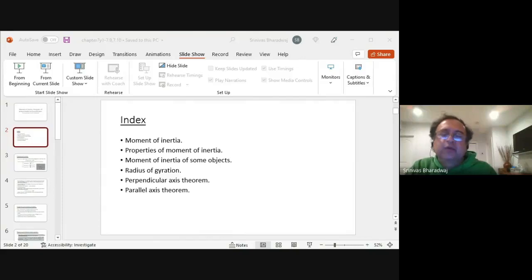So I equals sigma mi ri square, and that will become integral r square dm. Sigma mi ri square is defined as the moment of inertia of the rigid body about that fixed axis, and it is denoted by I.